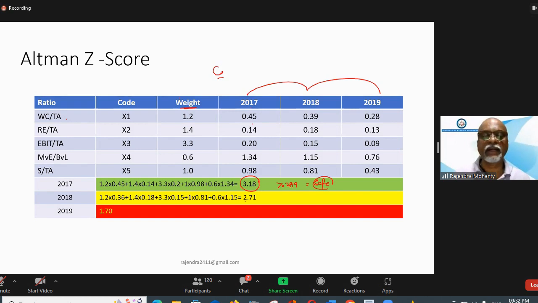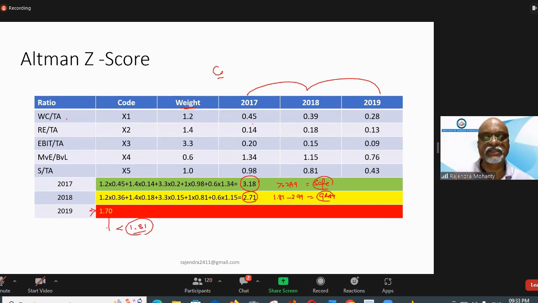The next one came to 2.71, so it falls between 1.81 and 2.99, which is the gray zone. But the third one, 2019, comes to 1.70, so it is in the distress zone.